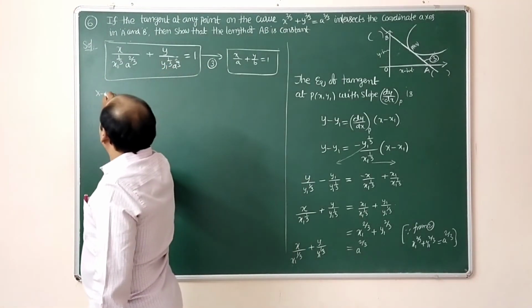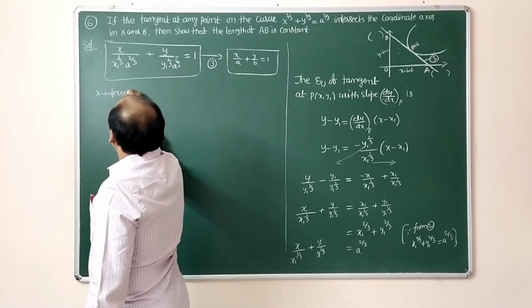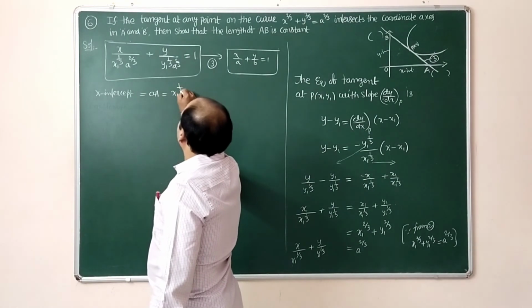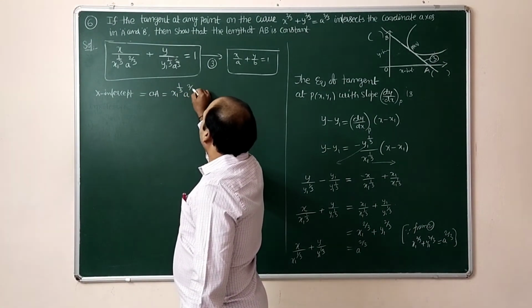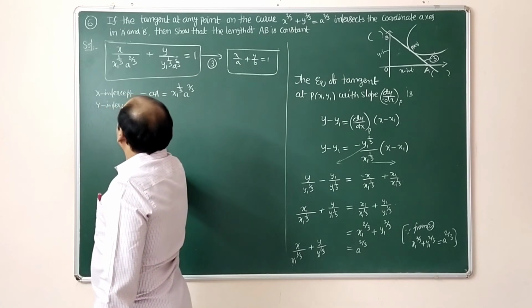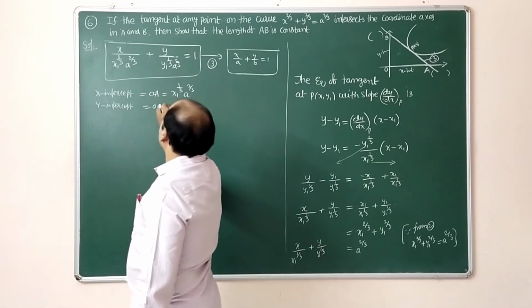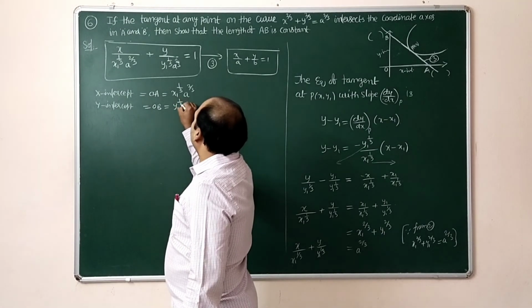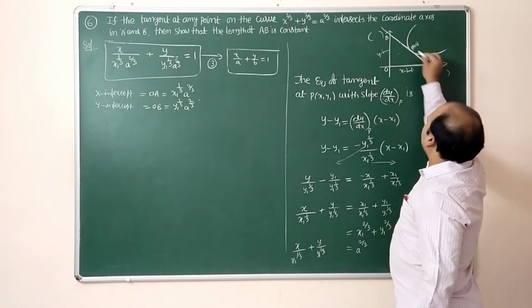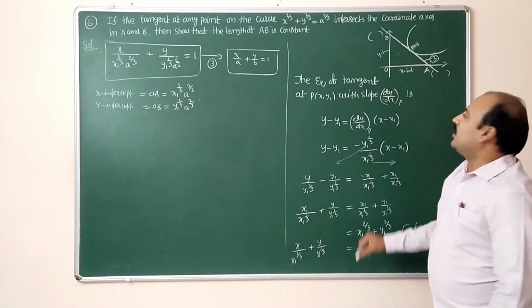So x-intercept OA is equal to x1 power 1 by 3, a power 2 by 3, y-intercept OB equal to y1 power 1 by 3, a power 2 by 3. But they are asking to calculate the length of AB.